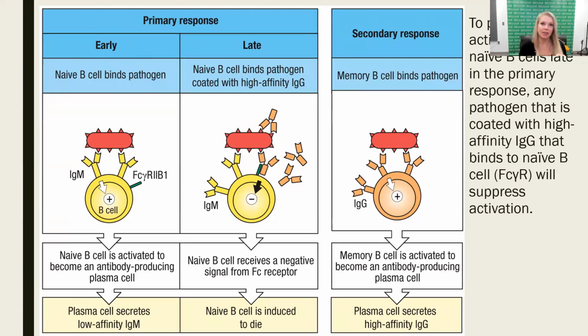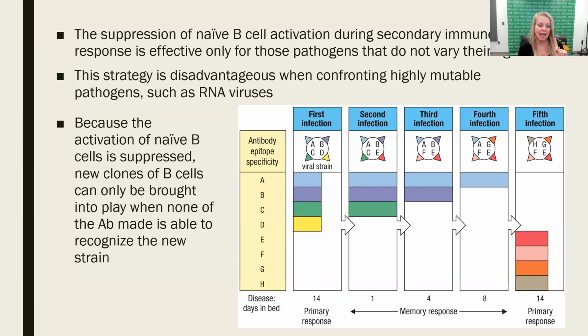There is a downside, though, to this, and that is best described through the example with influenza. So the suppression of naive B cell activation during a secondary immune response is really great for those pathogens that don't ever really change their epitopes. Measles, for example. Measles is measles, and it looks the same so far throughout our lives, right?